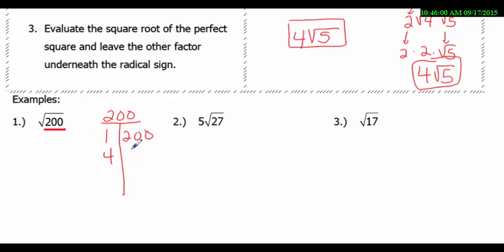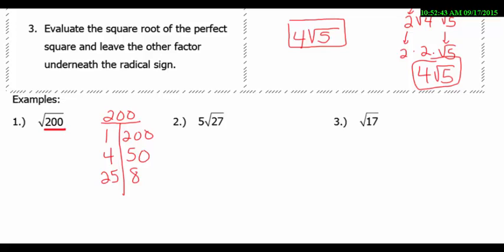And when we divide 200 by 4, we get 50. 3 squared is 9, and 200 is not divisible by 9. 4 squared is 16. 200 is not divisible by 16. 5 squared is 25, and 200 is divisible by 25. And when you divide 200 by 25, you get 8.